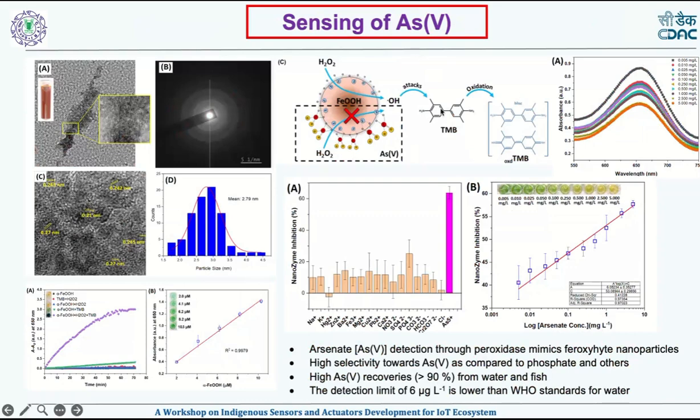But the problem is that arsenic 5 behaves very similar to phosphate. Our surface water or drinking water also has phosphate, and if present, it can interfere. We have seen that around 23% interference can come from phosphate.